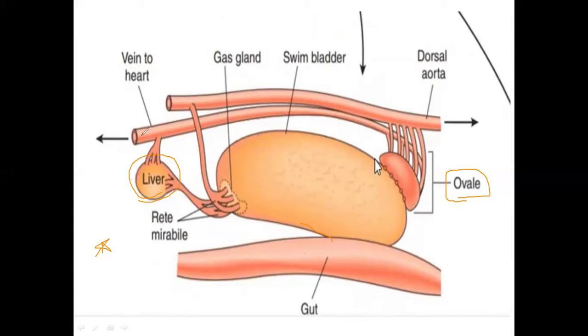These are the arteries, veins and capillaries surrounding the swim bladder. This is the gas gland. These are the dorsal aorta. This is the rete mirabile, which connects the swim bladder with the liver. The simple structure.